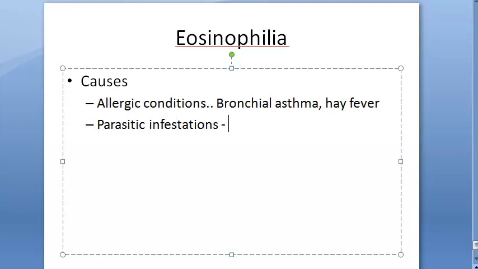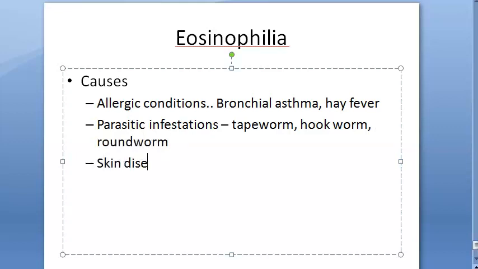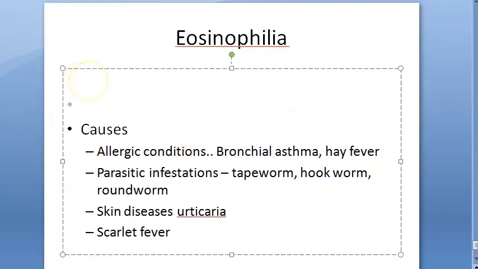Skin diseases like urticaria, then scarlet fever. All these are the causes of eosinophilia, that is increased eosinophil count.